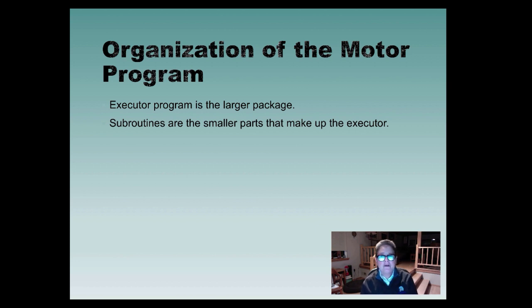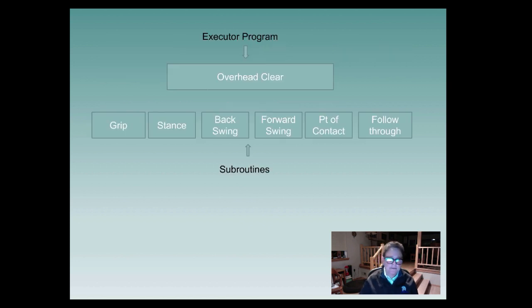So the organization of the motor program is in two parts, essentially, or the conception about it is that there is an executive program, which is the larger package, and then there are a series of subroutines that make up the executive program. Here you can see the executive program called the overhead clear in badminton.